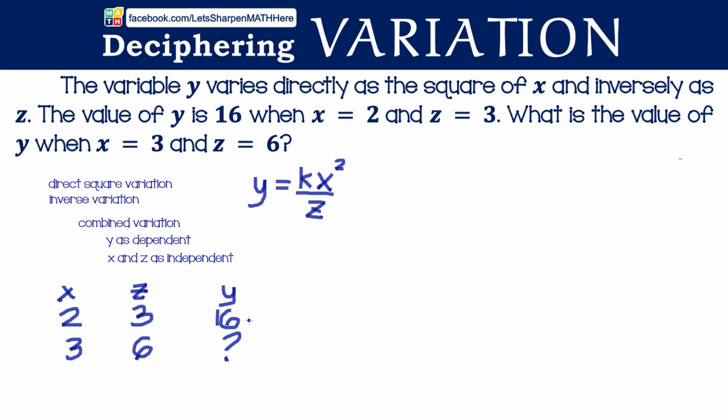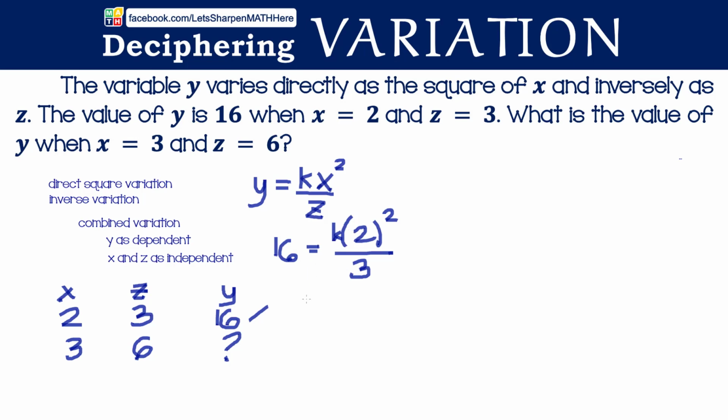So let's start by solving for k, and with the value of k, we'll use that to solve for what is unknown. So we'll have 16 is equal to k, and then take note of a square, that's 2 squared over 3. This is the first plot of values.